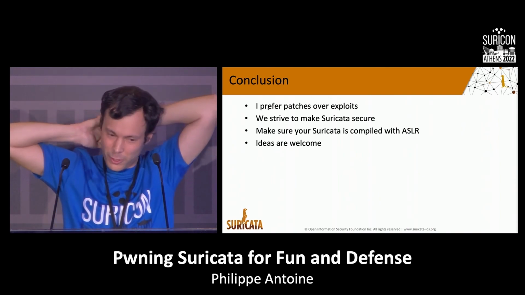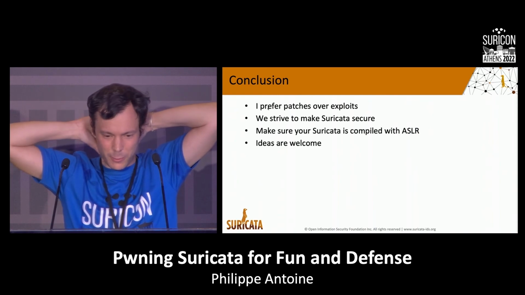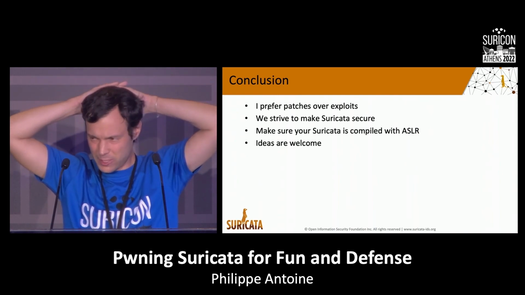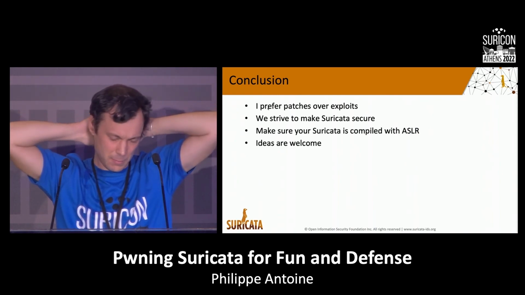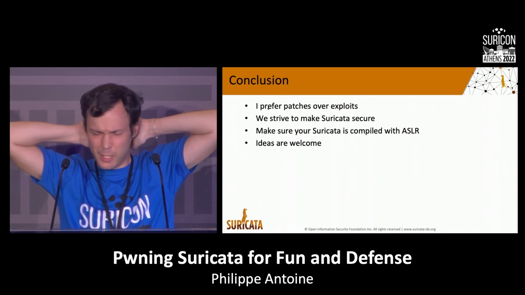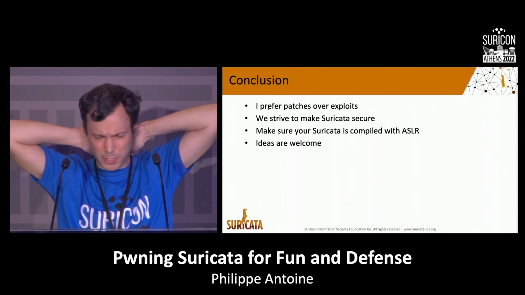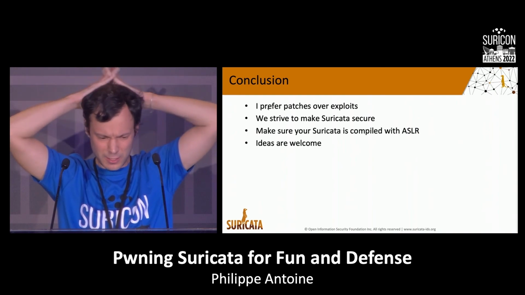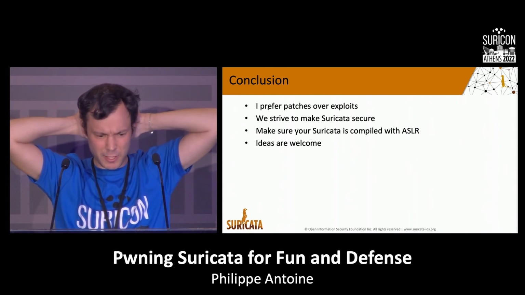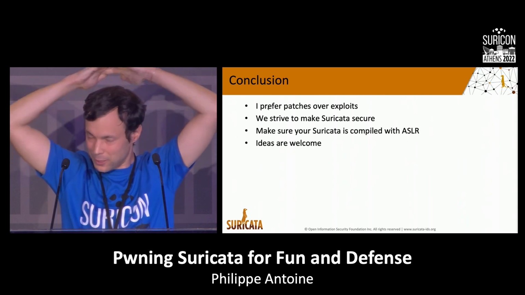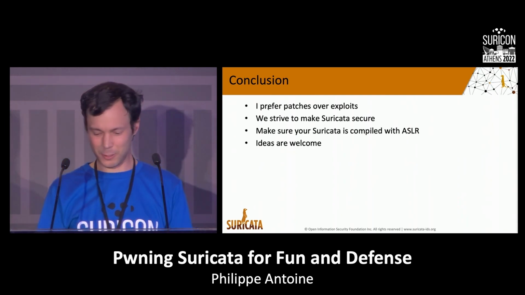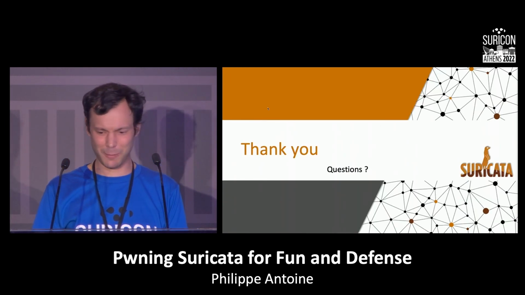And make sure your Suricata is compiled with address space layout randomization, because I think this is hard to bypass in this case. I mean, we need another vulnerability, so it's significantly harder. Your ideas are welcome, and sorry for taking too much time.